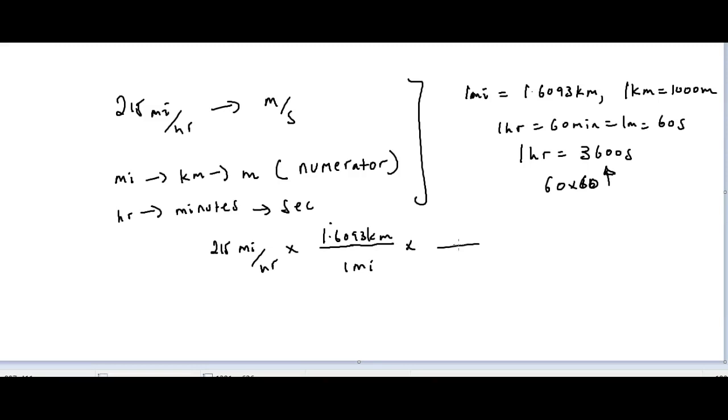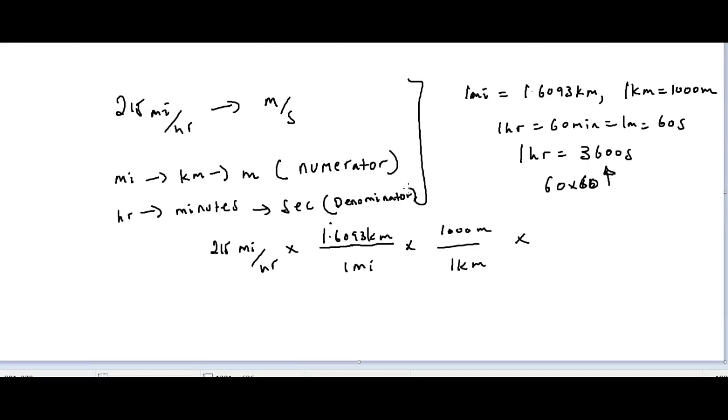And you want to change kilometer into meter, so you can say here 1 kilometer equals 1000 meters. So you may say 1000 meter over 1 kilometer. Okay, so far what we've done is from the top part, the numerator part, and the bottom part is called the denominator.